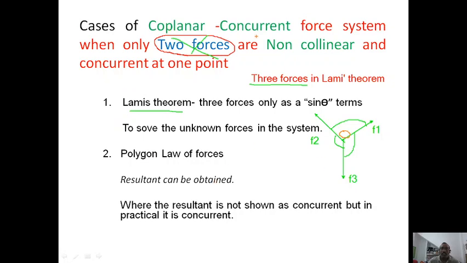Hence, it is a coplanar concurrent force system when we are dealing with three forces.